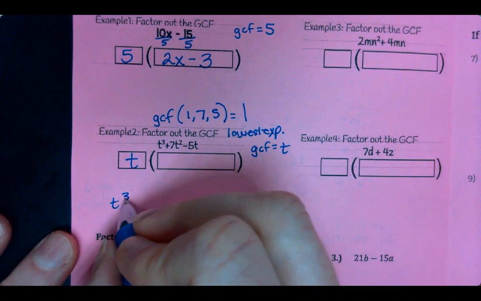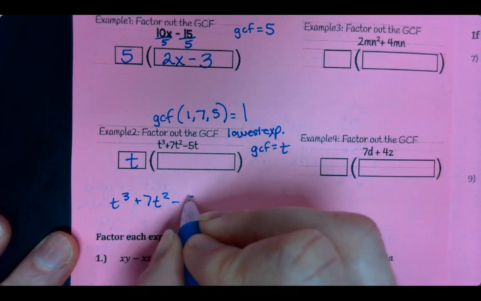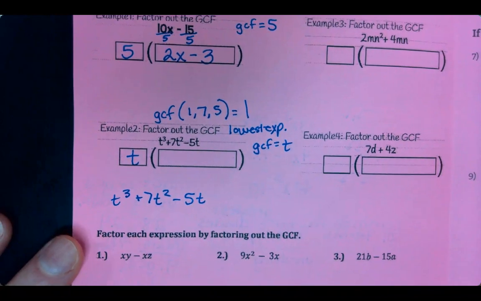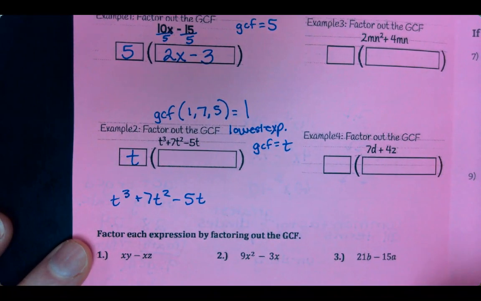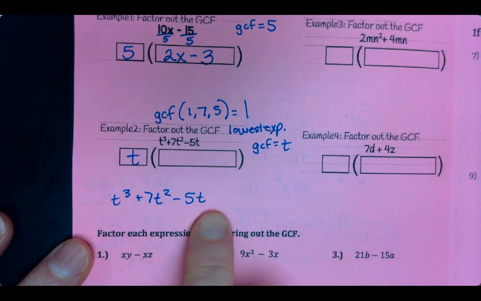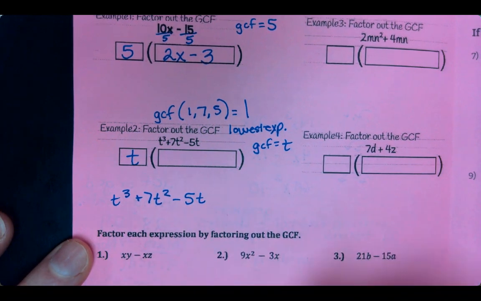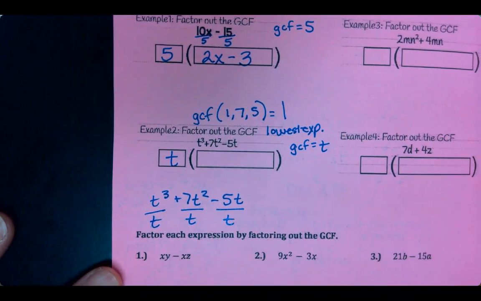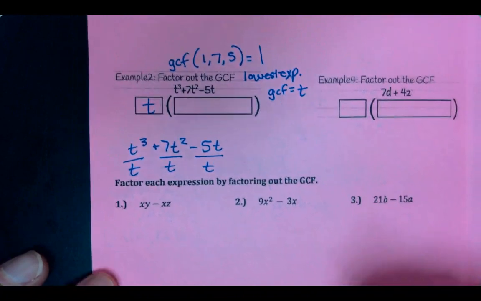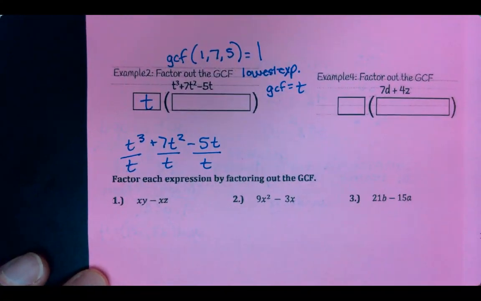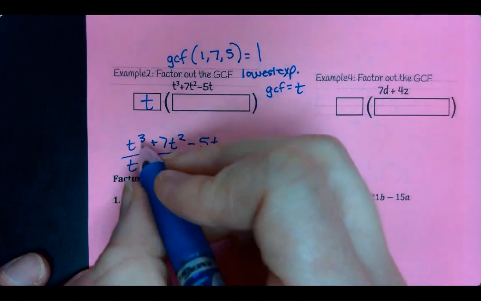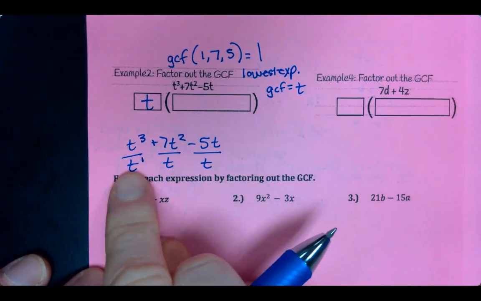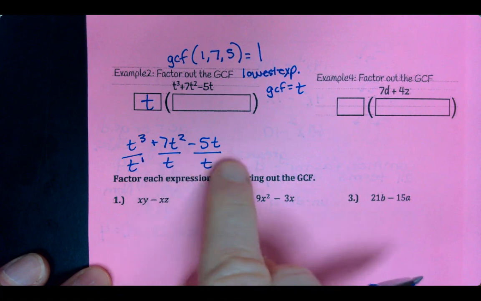I'm going to rewrite this because that did not give me enough room to divide by t. I feel like I need a little bit more room, so I'm rewriting it. So divide by t, divide by t, divide by t. When you divide variables that are the same, you subtract your exponents. So it's like you're taking one away. You're going to take one away from every single one of these.